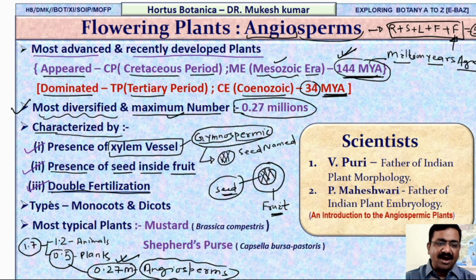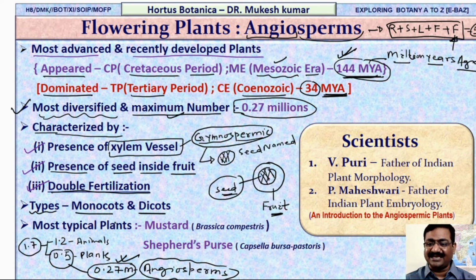And now broadly we can classify angiosperm into monocots and dicots. Monocots, you know, are maize, wheat, rice. We have two important families that we have to study further: Liliaceae, the lily family, and Poaceae, the wheat family.